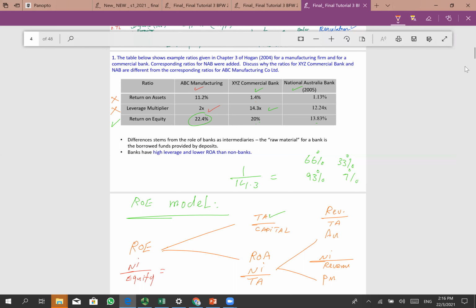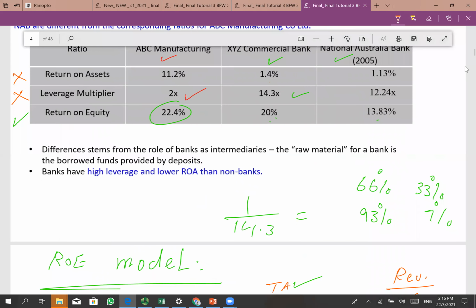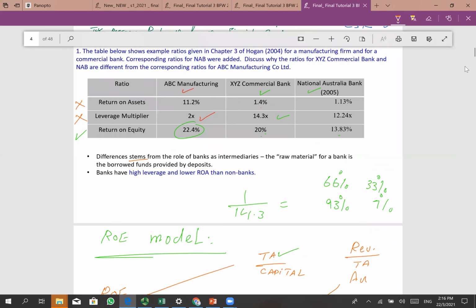Having said that, if it comes as a multiple choice question, and it has come so many times, the difference stems from the role of banks as intermediaries. What do you mean? The total assets are different. The total liabilities are different. Their assets are loans. Their liabilities are deposits.